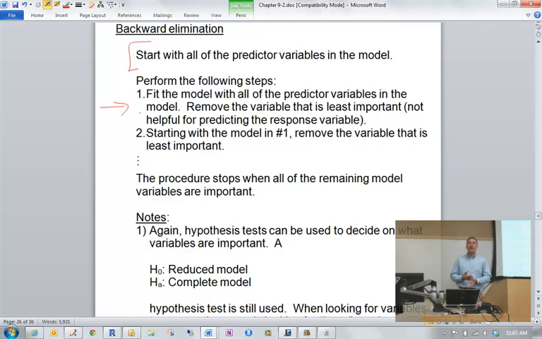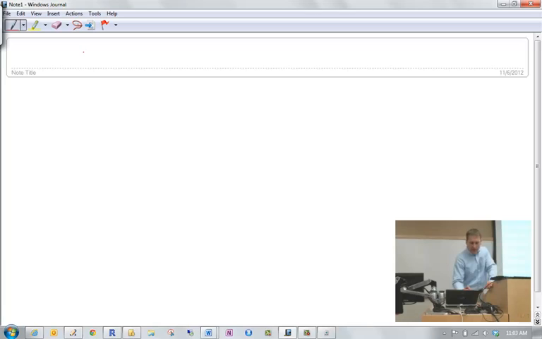Well, how do you decide what's an important predictor variable? Well, the same ways that we did with forward selection. We could use, for example, hypothesis tests. So let's consider a situation where we have 3 predictor variables of interest, x1, x2, and x3. And what we can do is perform a t-test.